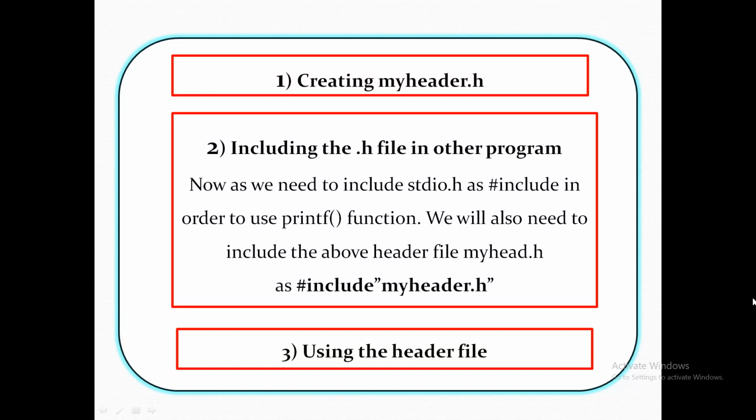Hash include "my header.h" within double quotes means that you saved your header file and the C program in the same location. If you save your C program and your header file in the same location, then you should use hash include "my header.h" within double quotes.